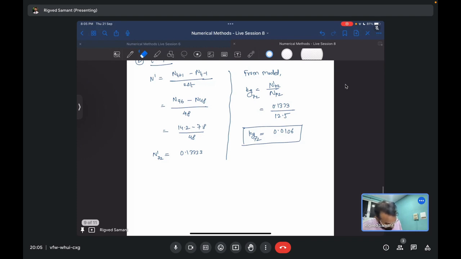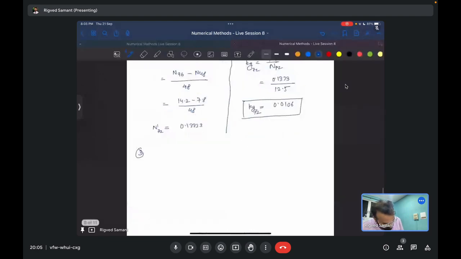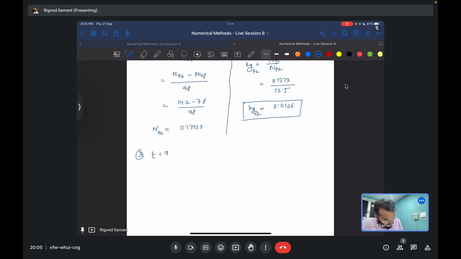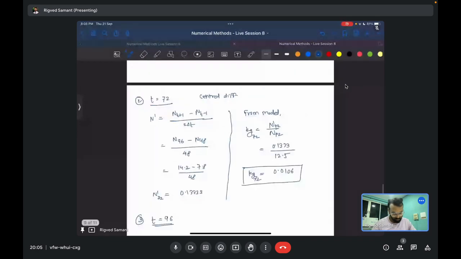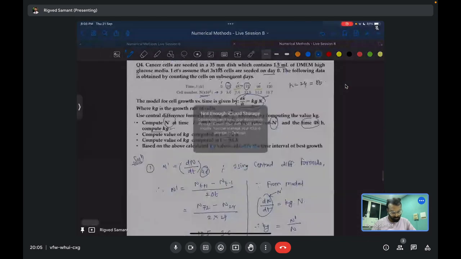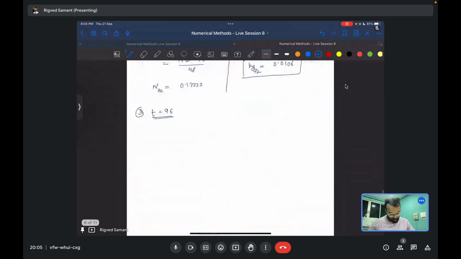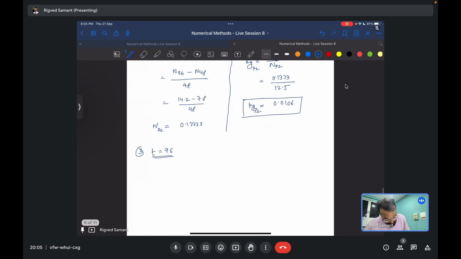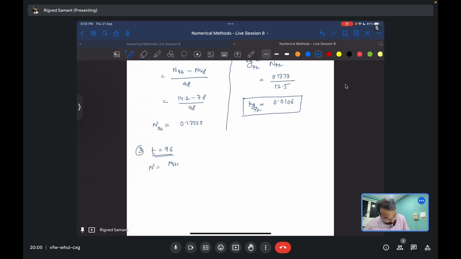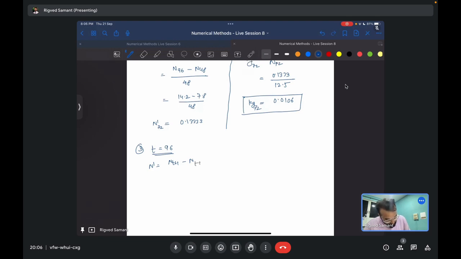So the third one is asking you to calculate for t = 96. So TF for 96. Basically the same thing: n dash is equal to n of t plus 1 minus n of t minus 1, divided by 2 delta t.